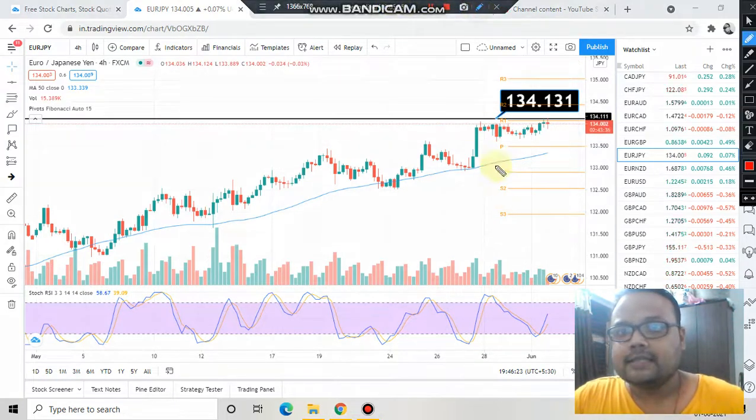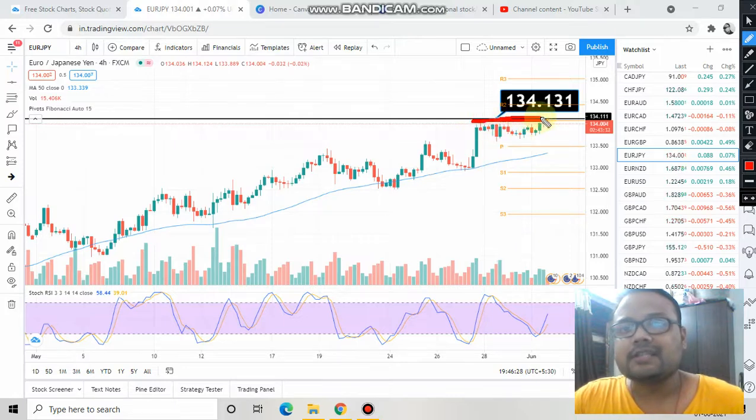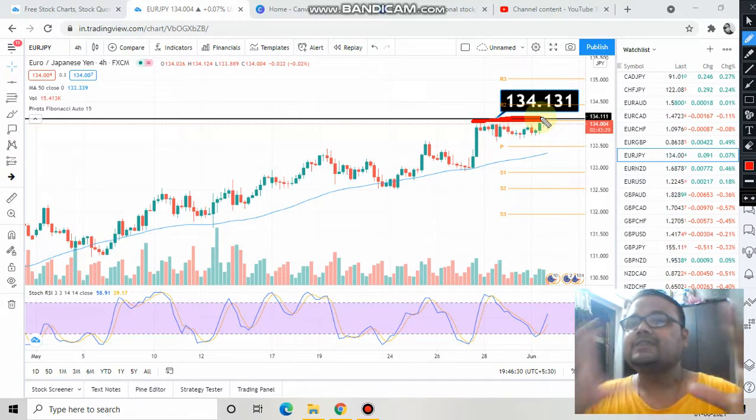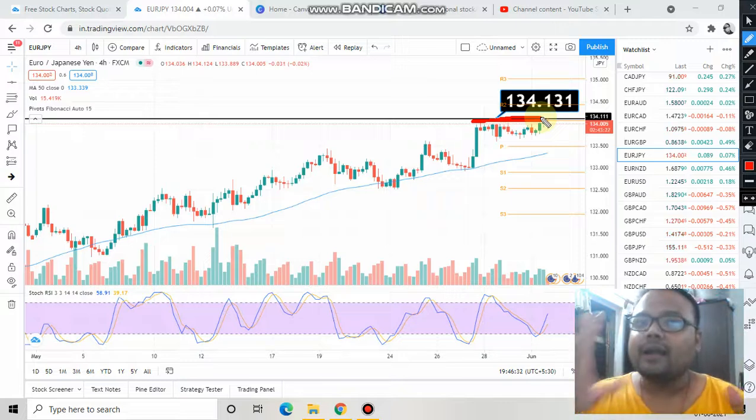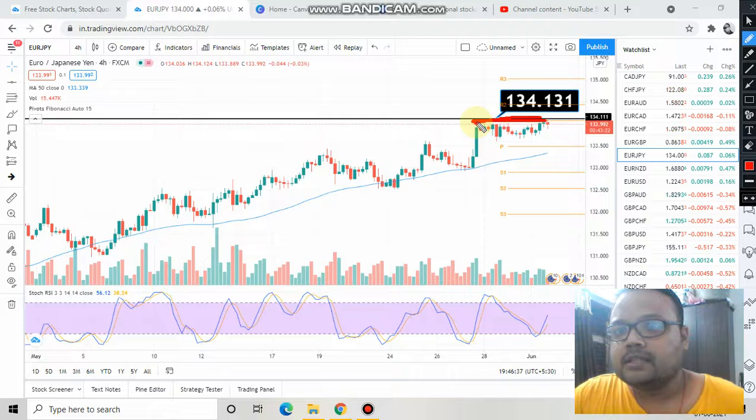We can see that the market is trying to cross this level, and this level is kind of acting as a resistance. Undoubtedly the market is in an uptrend, but still the market is finding it difficult to cross this level.